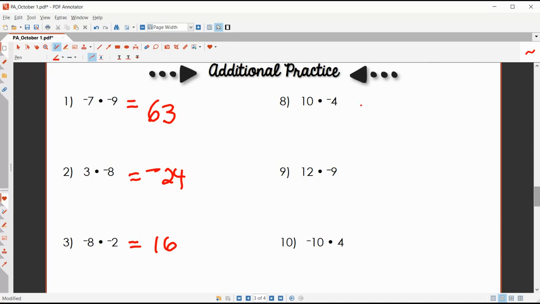Positive 10 times a negative 4 is a negative 40. 12 times negative 9 is negative 108.